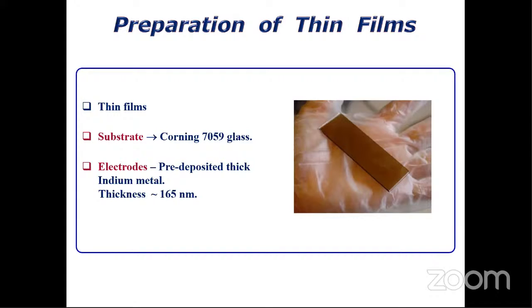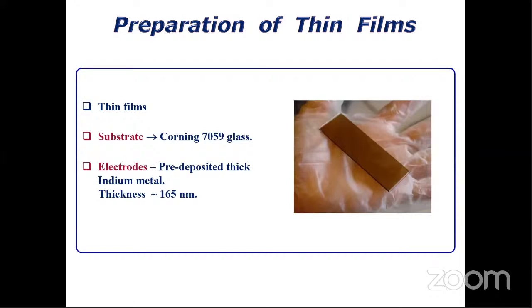And for the electrical measurements, sometimes we have used pre-deposited thick indium metal, or sometimes we do the same process after depositing, which is known as post deposition. We are using the indium metal. We have tried different metals like silver, indium, and gold for making the contacts.